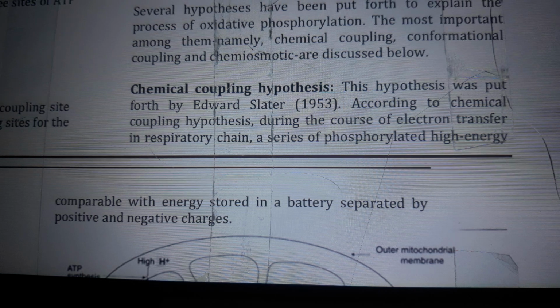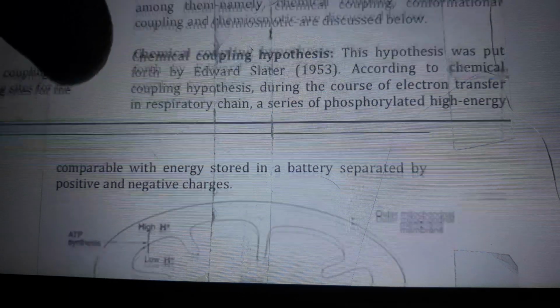Mechanism of oxidative phosphorylation. Several hypotheses have been put forth to explain the process of oxidative phosphorylation. The most important among them, namely chemical coupling, conformational coupling, and chemiosmotic, are discussed below. Chemical coupling hypothesis. This hypothesis was put forth by Edward Slater in 1953.